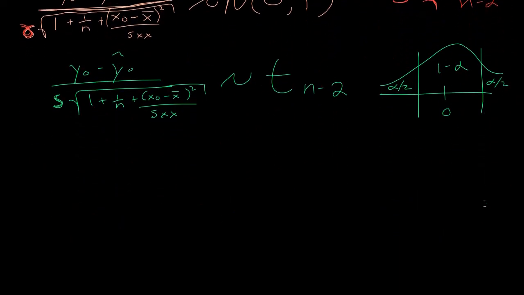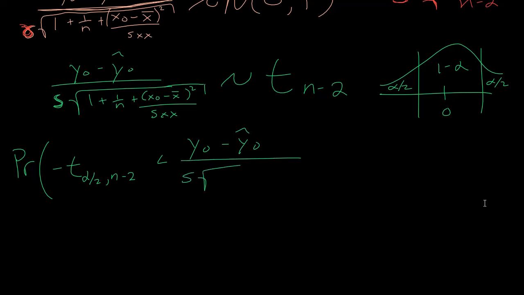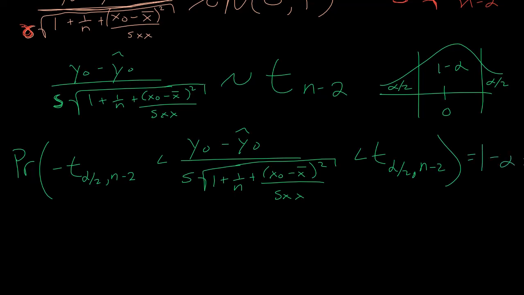My probability statement will look something like this: the probability that we're between negative t alpha divided by 2, n minus 2, and then all this in the center, s times the square root of 1 plus 1 over n plus x naught minus x bar squared divided by Sxx, and on the other side the positive t alpha divided by 2, n minus 2. This is going to equal 1 minus alpha.